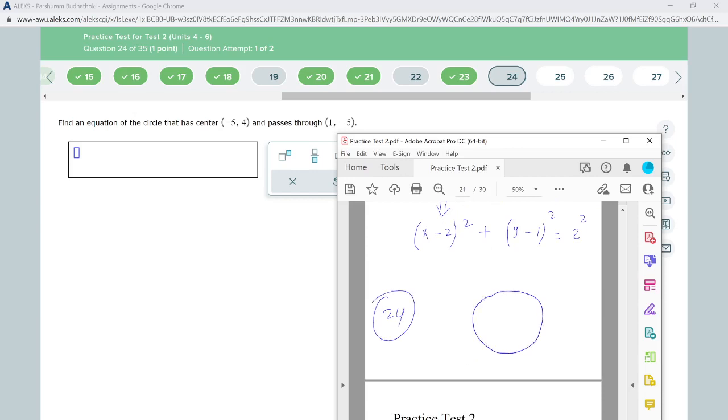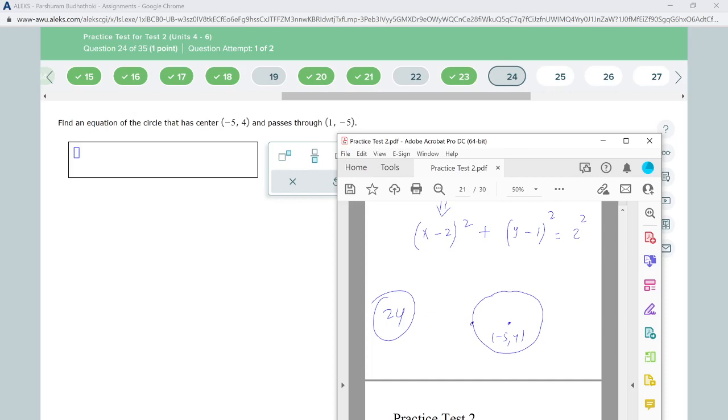Here is a circle. There is a center. Center is -5, 4. And somewhere here on this circle there is a point which is 1, -5. Look at here, the distance from this point to this point gives you the radius.